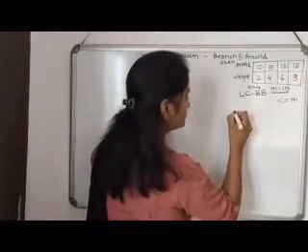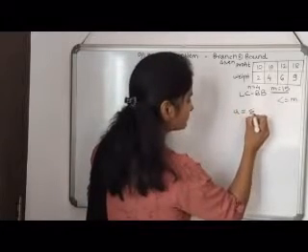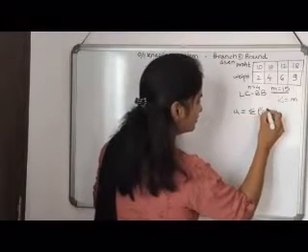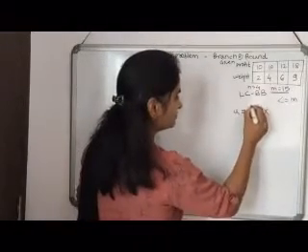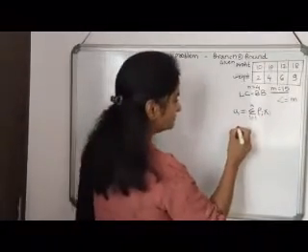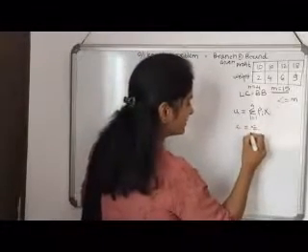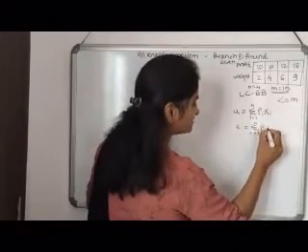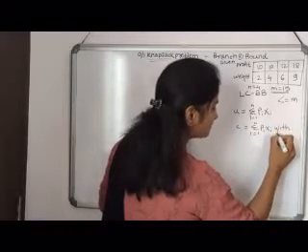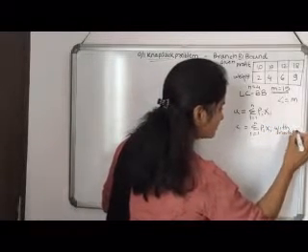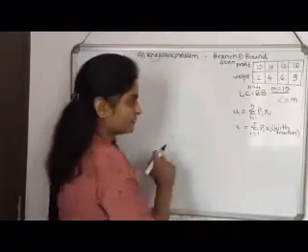here first to calculate the upper bound is summation of all profit Pi into Xi, i equal to 1 to n, and then to calculate the cost, summation of i equal to 1 to n Pi Xi, and this is calculated with fraction, to include the fraction part for calculating the cost.